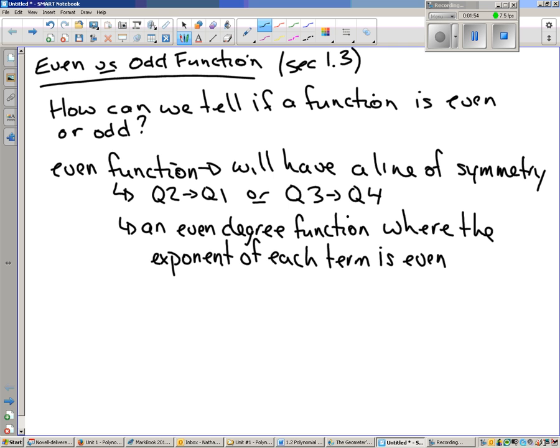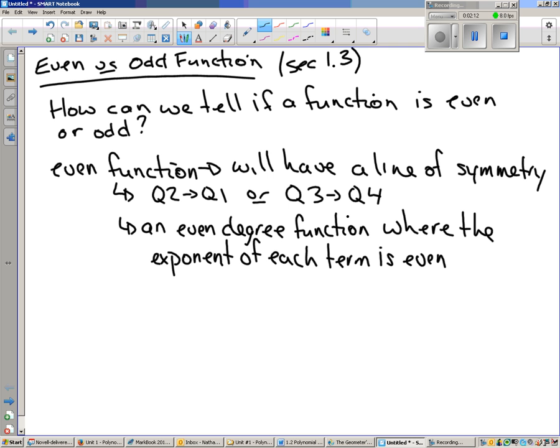We're going to extend the condition: we started off with saying an even degree, it has an even exponent, but for a function to be even, every term has to have an even exponent.